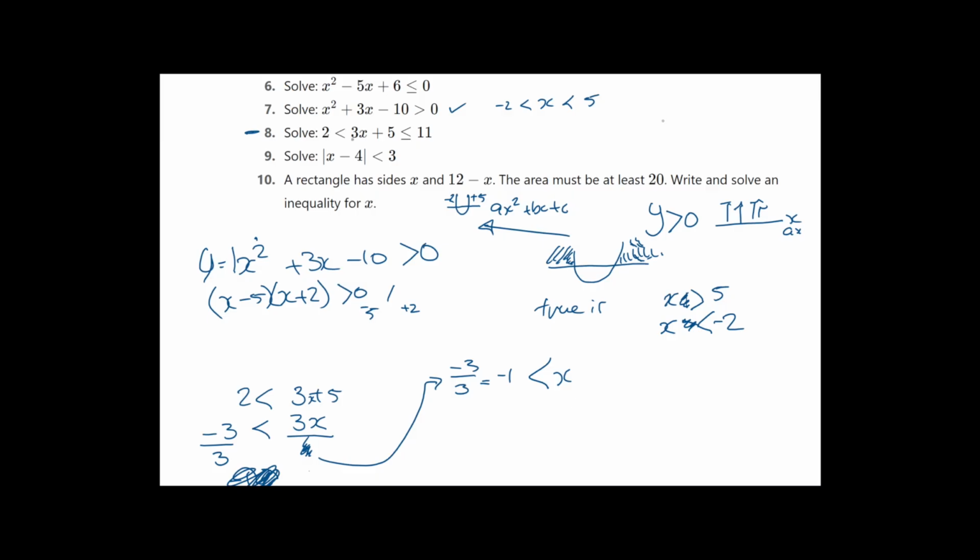And for this side here, that must be equal or less than 11. So 3x plus 5 is less than or equal to 11. We're going to subtract 5 from both sides.